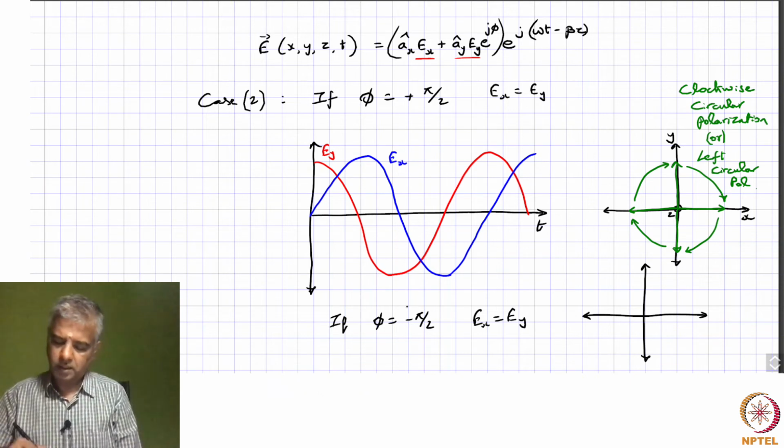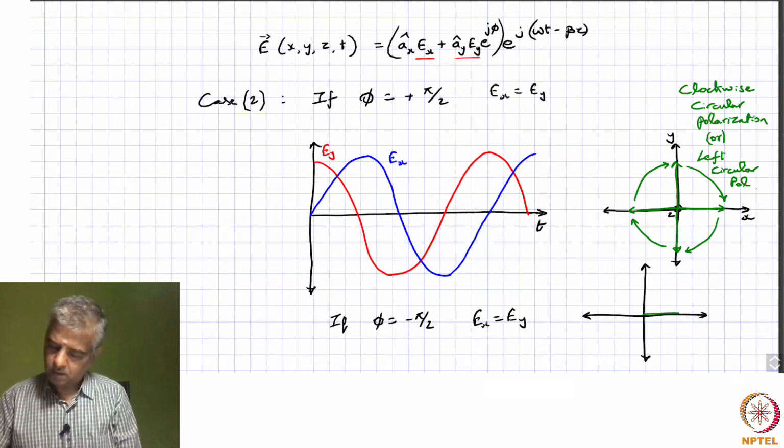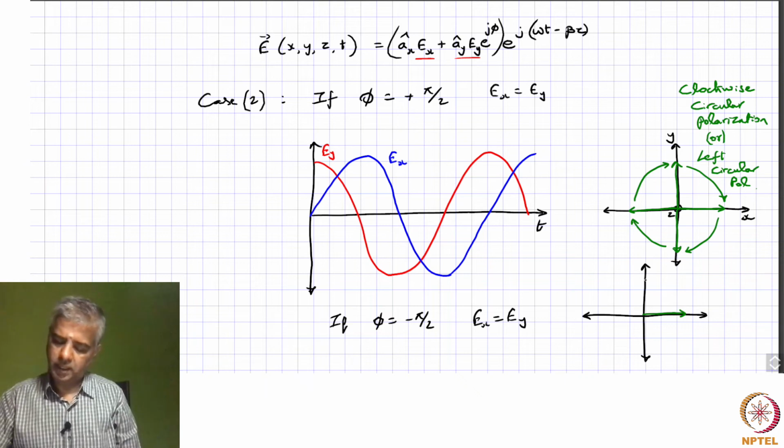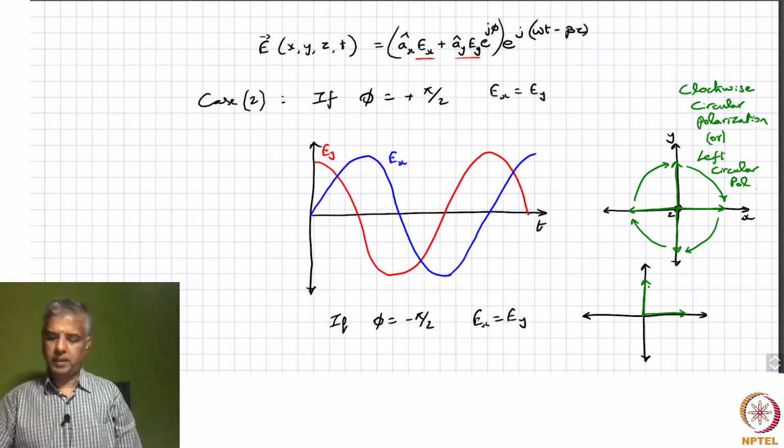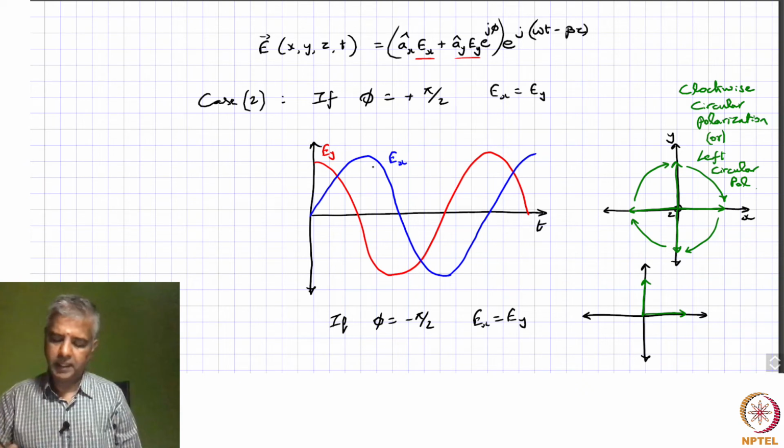In that case, it would have started with maximum of Ex, and then it would have gone to maximum of Ey, because in this case Ex is this component, and then Ey would be lagging Ex.